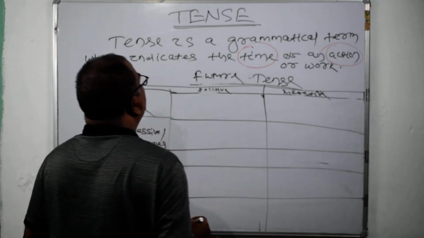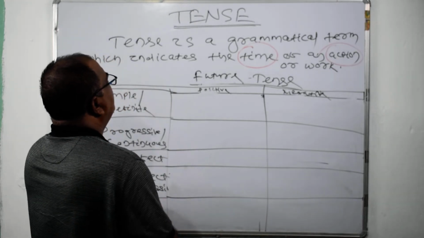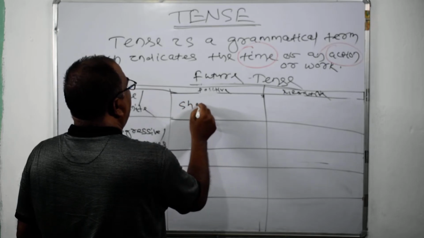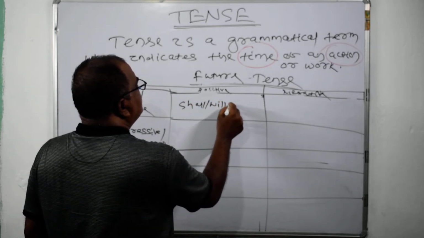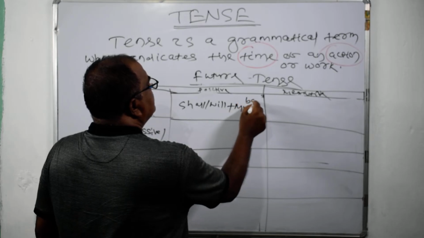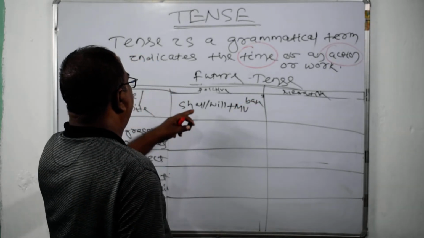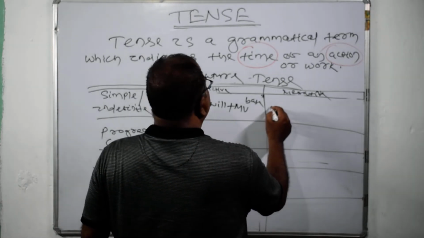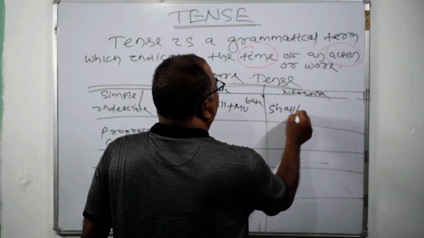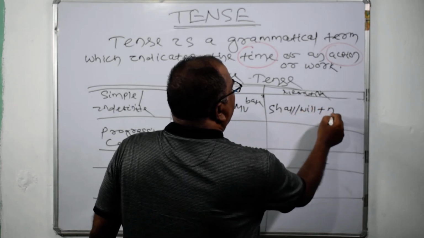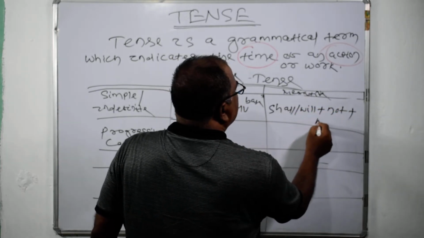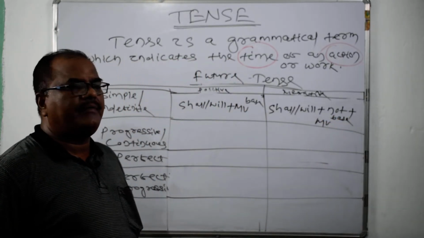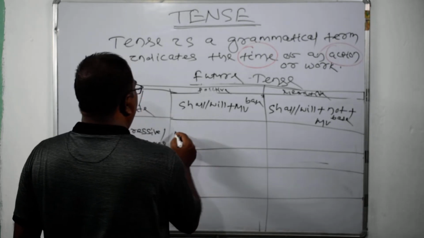Look at the whiteboard, my dear students. Shall or will plus MV base is the positive form of the verb in future simple or indefinite. Its negative form is shall or will plus not plus MV base. MV base means the base form of the verb.